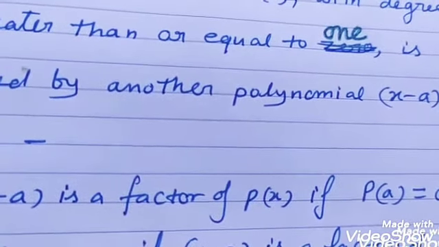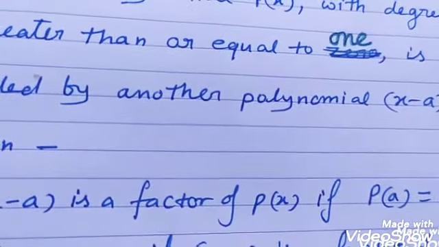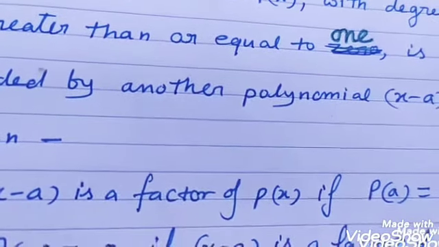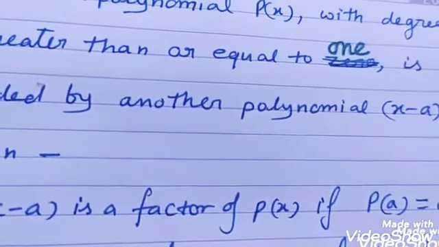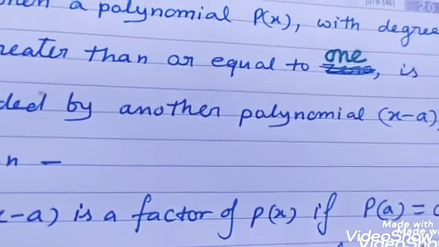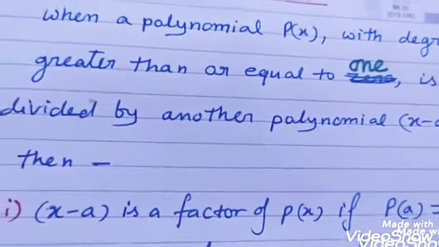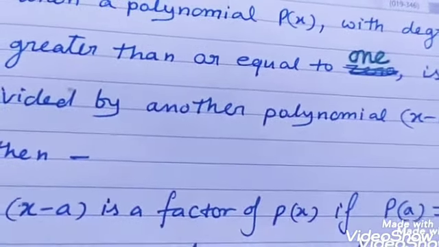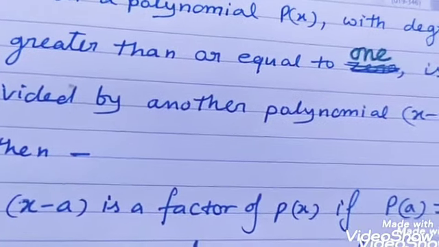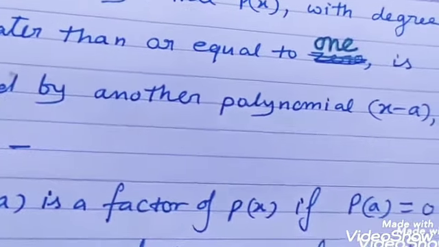So you can see that factor theorem is just a part of remainder theorem. Remainder theorem says when p(x) is divided by x minus a, p(a) is the remainder. So the remainder is 0 when the divisor is a factor of the dividend. So there is: if p(a) is equal to 0.